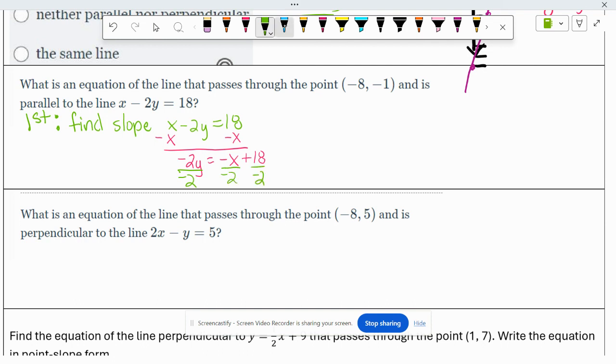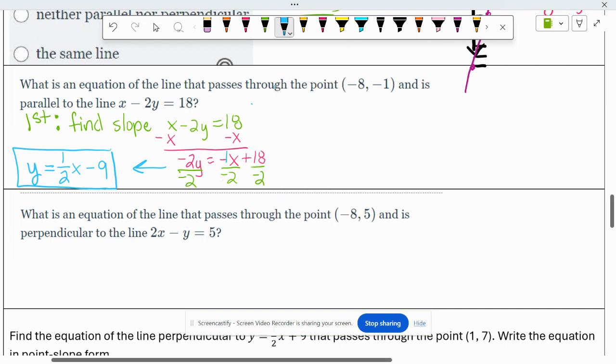So I'm left with the equation y equals, remember there's a 1 here, negative 1 divided by negative 2 is a positive 1/2 x. 18 divided by negative 2 is a negative 9. So what is the slope of that line? Yeah, my slope is 1/2.